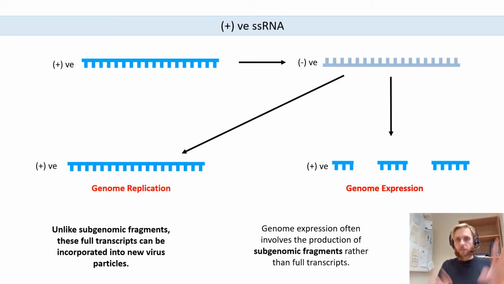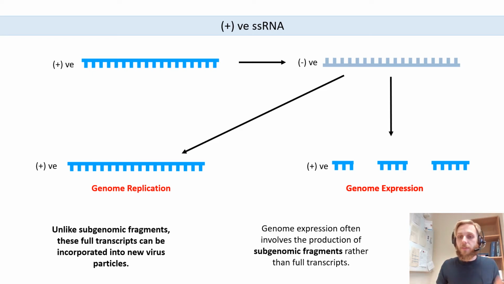So if we look at the system overall, we're going from positive sense single-stranded RNA to negative sense single-stranded RNA, and using this negative sense single-stranded RNA, short subgenomic fragments of positive sense single-stranded RNA are created.